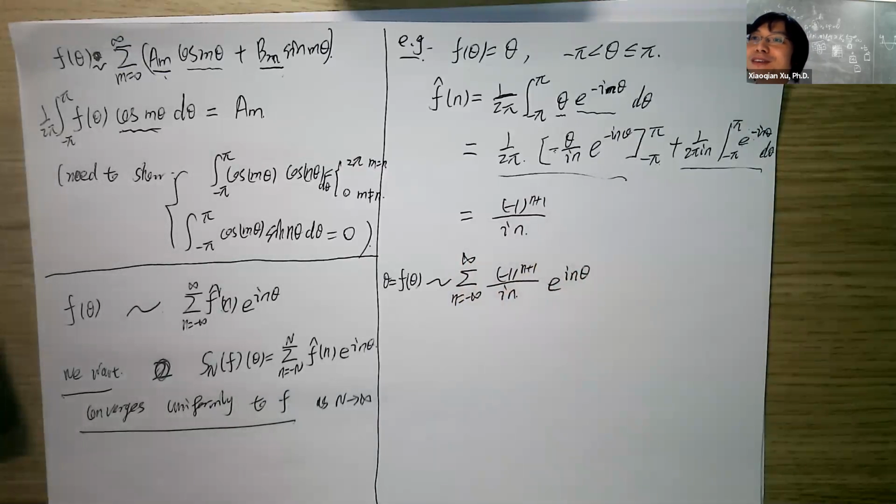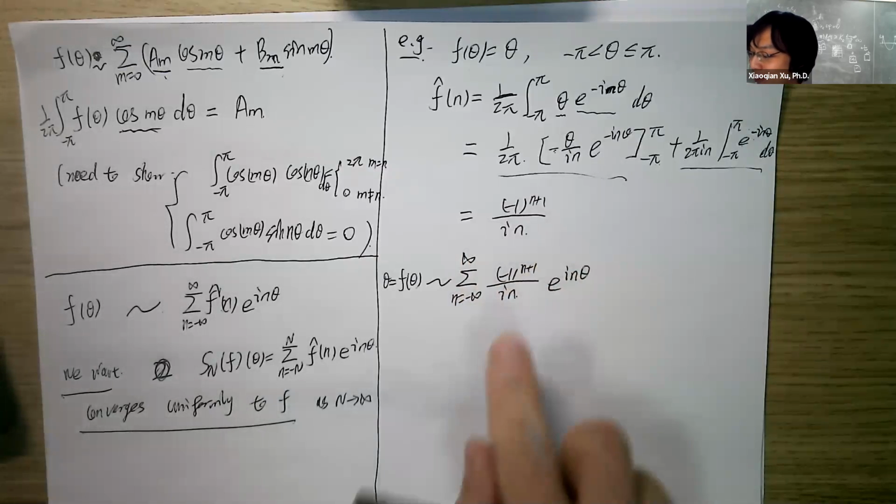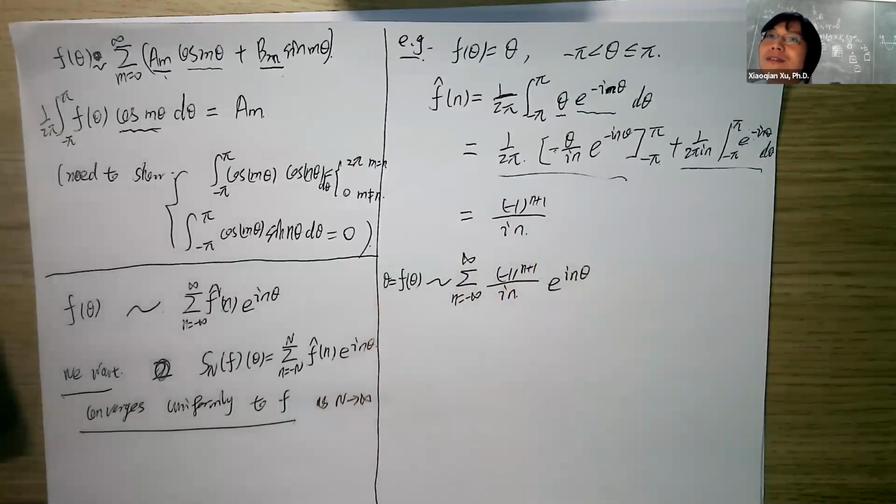Now you can see it is absolutely not obvious whether this converges to this function or not, right? So whether the Fourier series converges or not is an issue, which we are going to discuss next time: what kind of function this Fourier series may converge to.